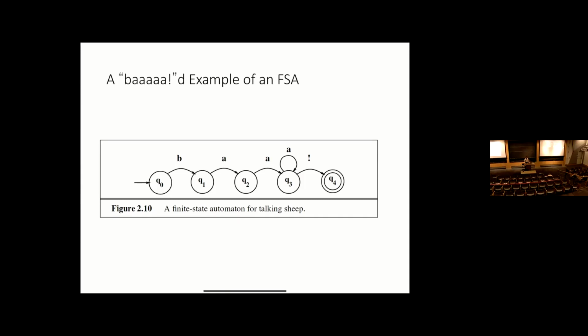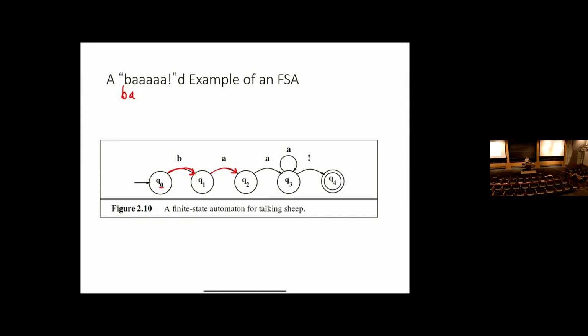What about BA? Is that recognized by this automaton? Well, you start here at Q0, and you go B, A. That seems fine so far. What's the problem? It's not an accepting state, right?